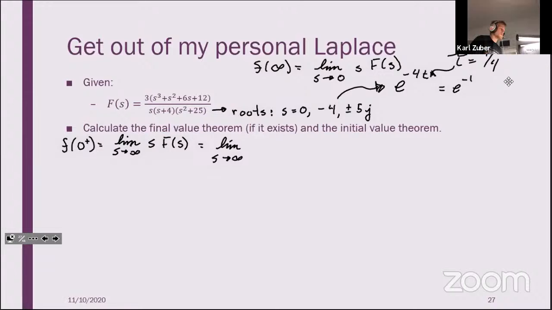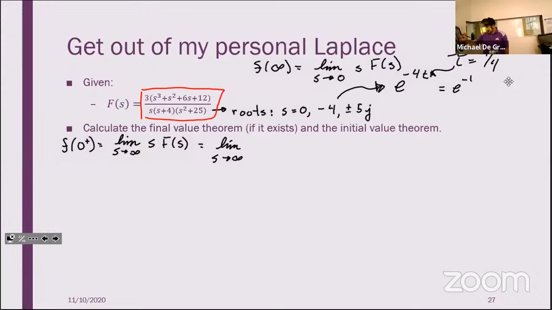So wait, do we have to find an initial value for each root, or is there just one still? So, Carl, we're going to multiply this Laplace transform by s. And Danny, you are right, the answer is 3, but we're going to prove why it's 3 using the initial value theorem here.